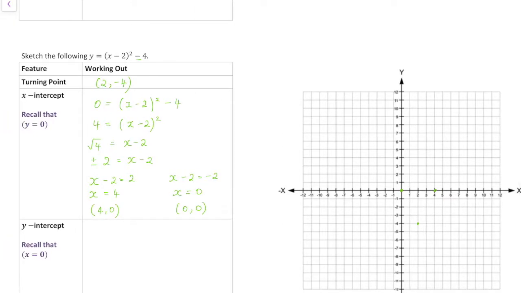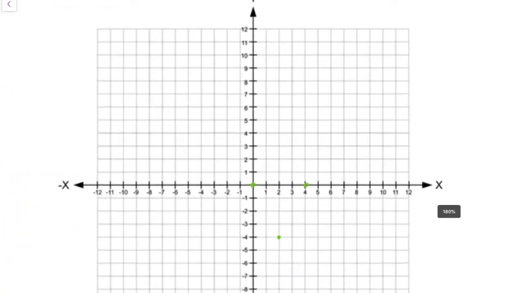So we're going to have y equals 0 minus 2 all squared minus 4. Y is equal to negative 2 all squared minus 4. Y is equal to 4 minus 4. Therefore, y is equal to 0. So that means that this particular graph has a y-intercept at the origin.